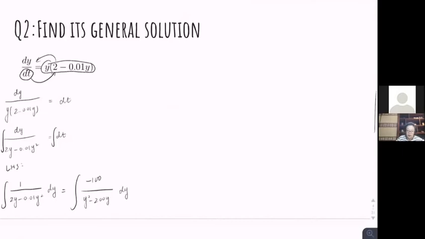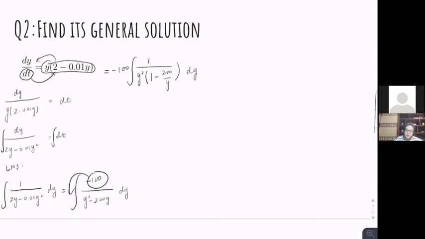In the next step, I'll first put the negative 100 outside, then I'll factor the denominator. So I will get negative 100 times the integral of 1 over, I'll put y squared out, so we will get y squared times (1 minus 200 over y) dy.